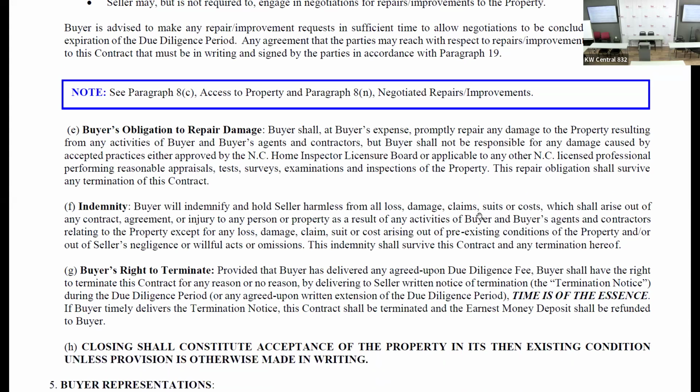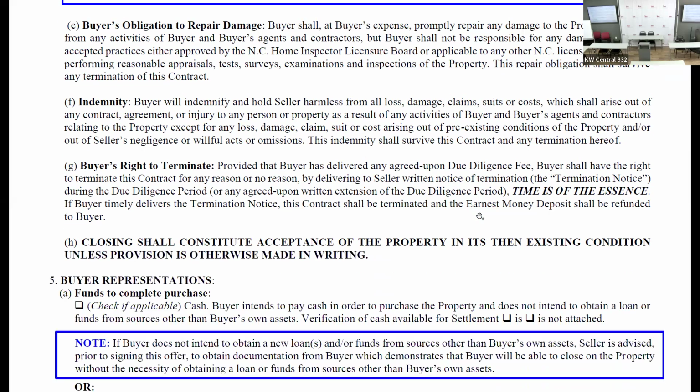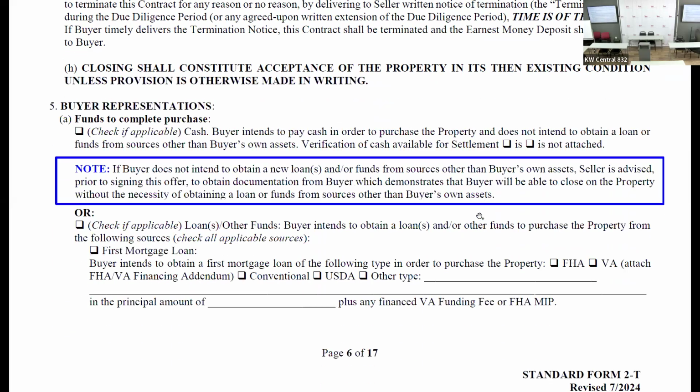Just for giggles, what percentage of offers to purchase are signed electronically? I would say probably about 85% of what I see. I guarantee you they didn't read any of that stuff. Oh, no, of course they didn't.